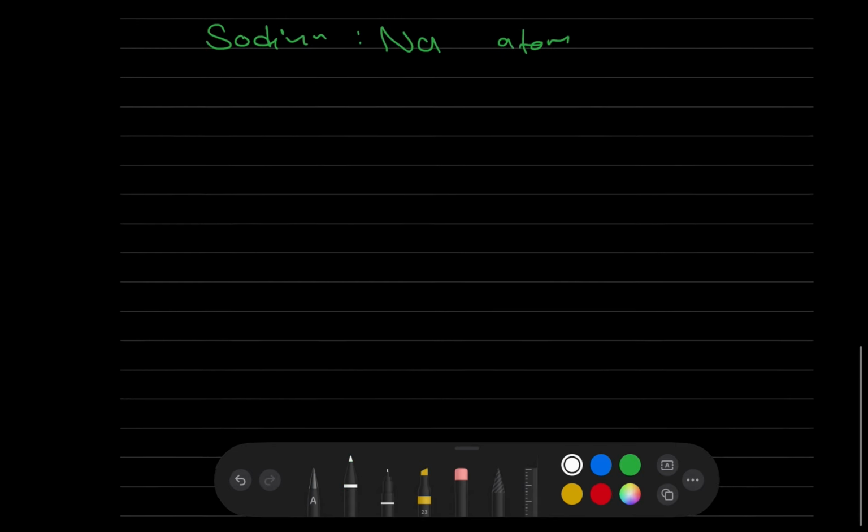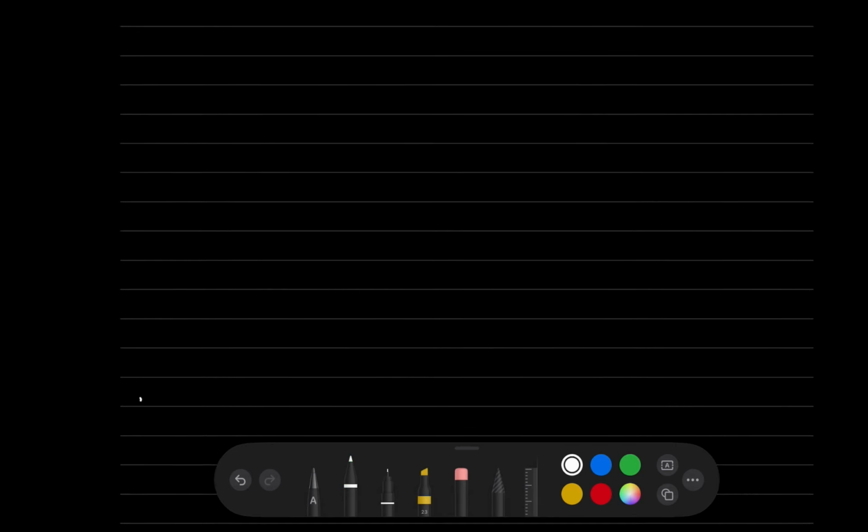Let's take some examples. Say you were given 0.340 mole. Is it okay to have a mole in a decimal number? The answer is yes, sure, you can do it.